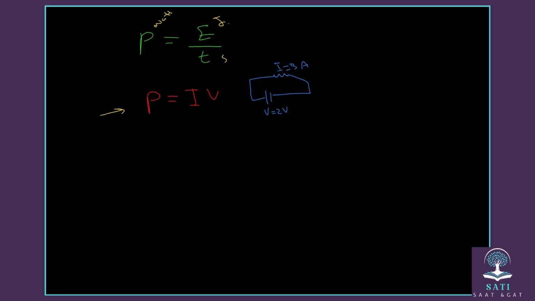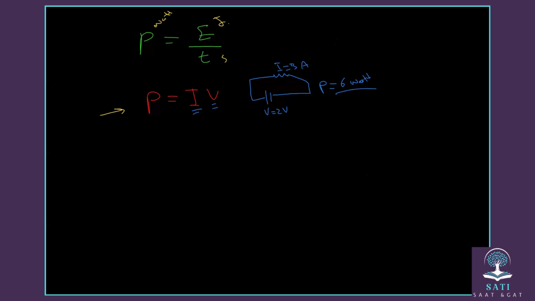What will be the power here? In this case, you just multiply the current times the voltage, 3 times 2, as long as they have the SI units. So it's going to be 6 watt. I hope that is clear now. This is for the power.